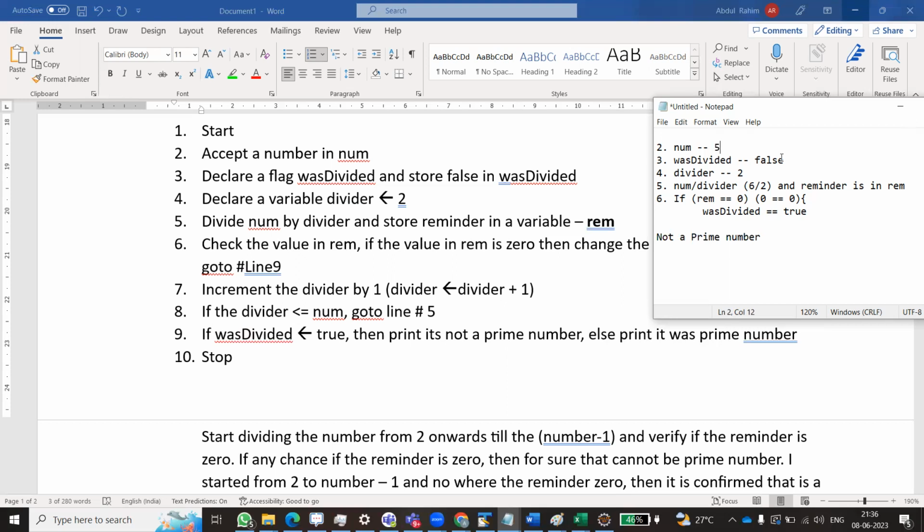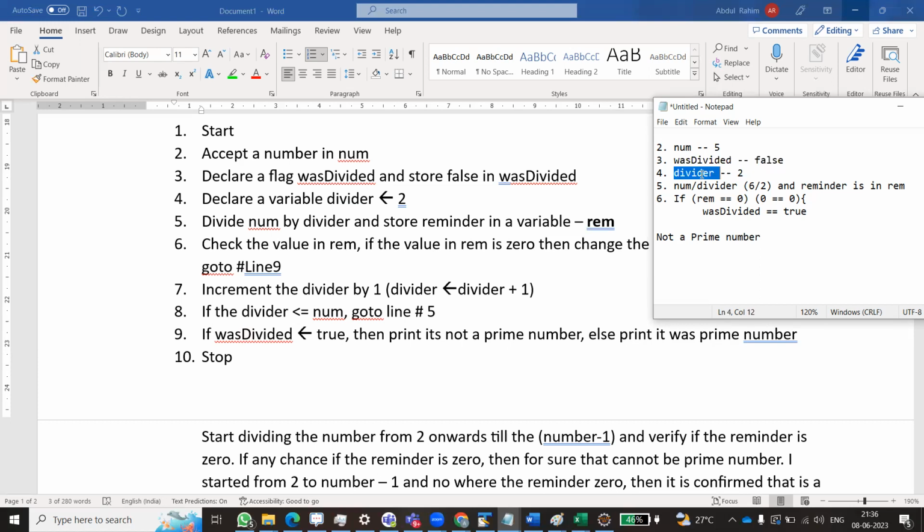Okay, so I'll take up this 5. What happens? It accepted the number in num. So what is the value in num? It is 5. And what is the value in was divided? False, right?